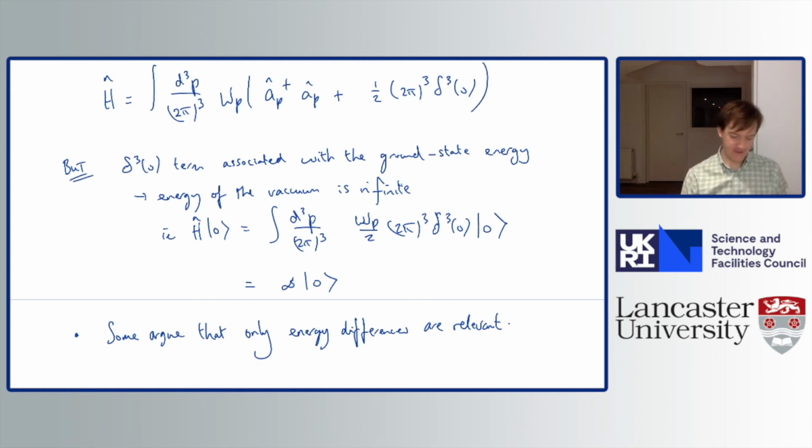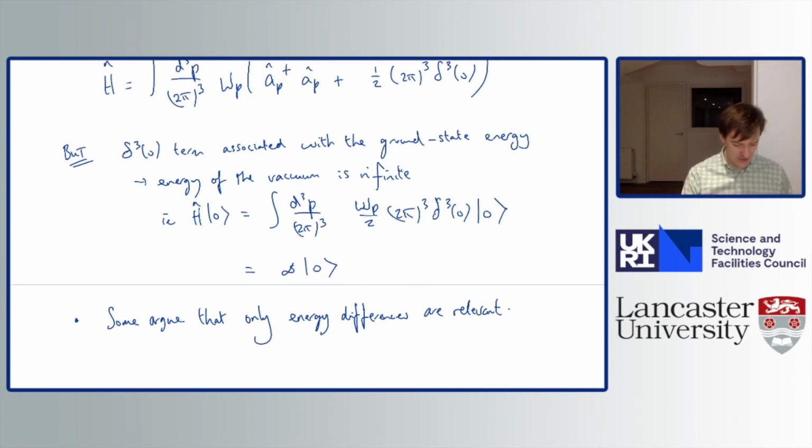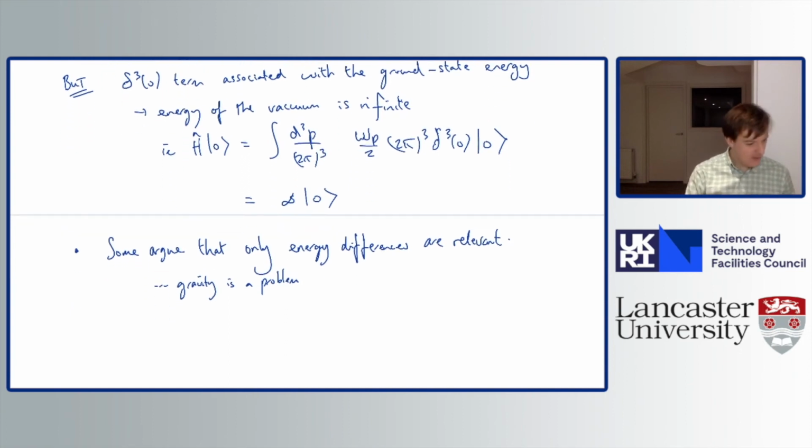So somehow this infinity cannot really be there. Gravity remains a problem because gravity doesn't just see the energy difference, it sees everything. That's one argument, but it's not entirely satisfactory because you still have the cosmological constant problem.